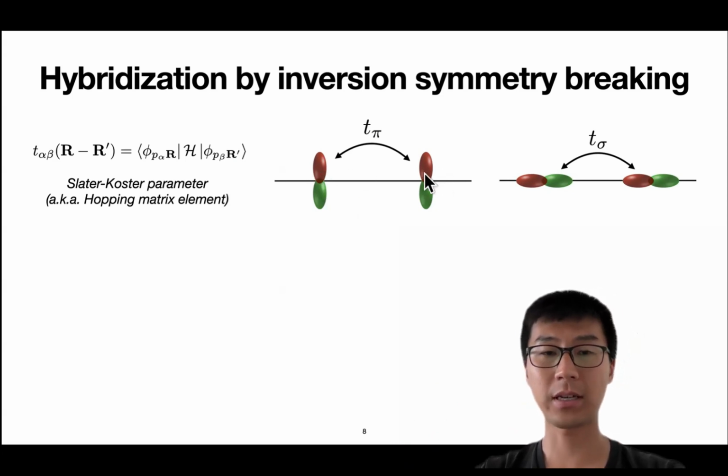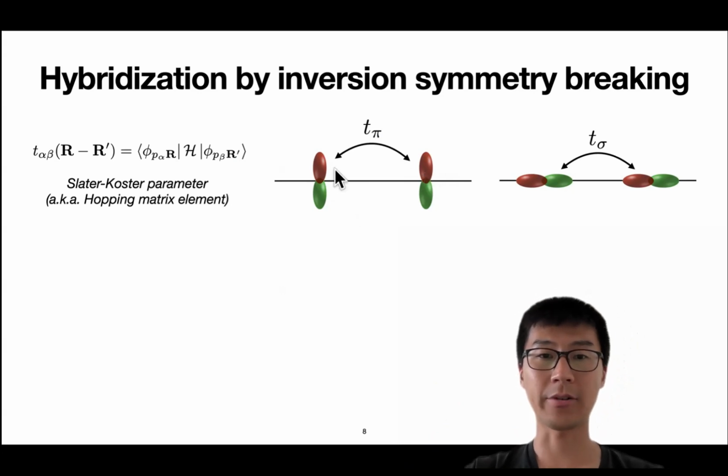For example, for p-orbital systems, pz orbitals can interact via indirect overlap called pi hopping, pi bond, and also by direct overlap by sigma bond. These two are examples of Slater-Koster parameters, which are simply a systematic way to parameterize hopping parameters.